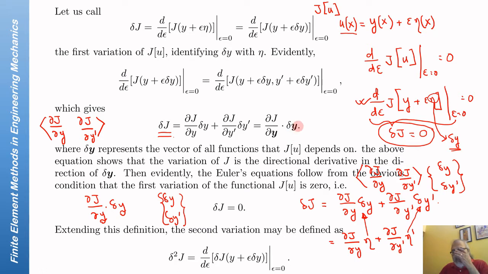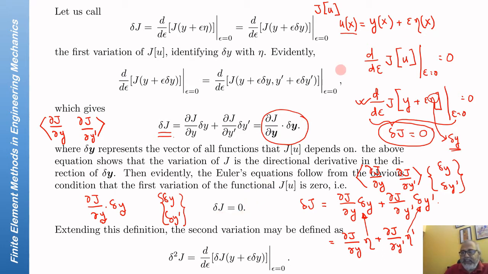So delta y is an arbitrary direction that we have specified, and del J del y are the derivatives with respect to y and y prime. So what this gives is the directional derivative of J in the direction of delta y, and delta J equal to 0 gives me the Euler Lagrange equation.